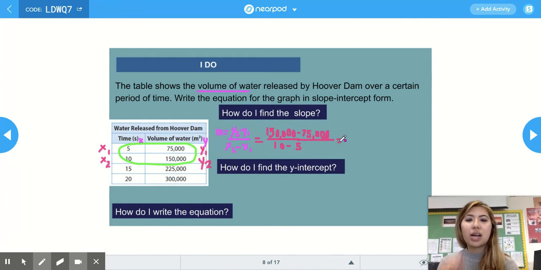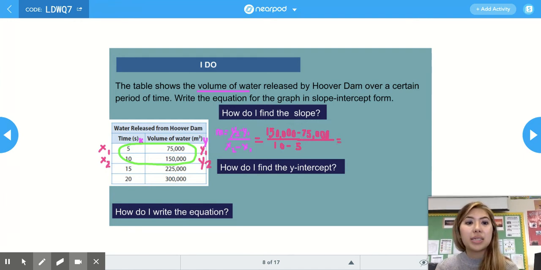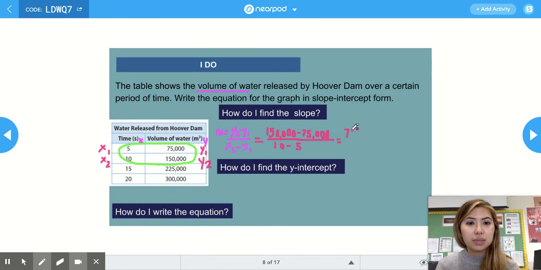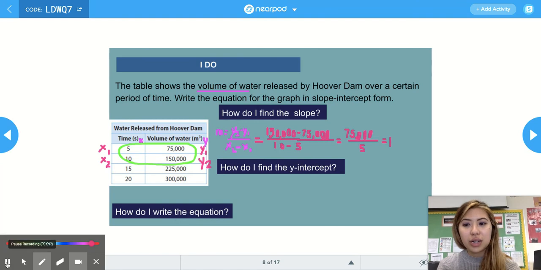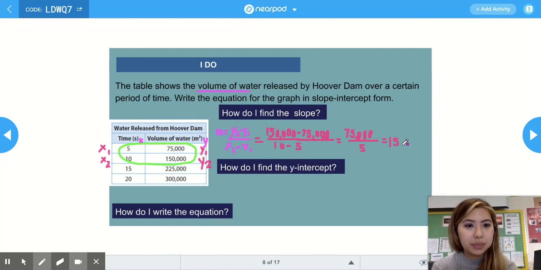So when we subtract 150,000 minus 75,000, we get 75,000. And then we have to subtract 10 minus 5, which is 5. When we divide 75,000 divided by 5, we get 15,000. So our slope is going to be 15,000.